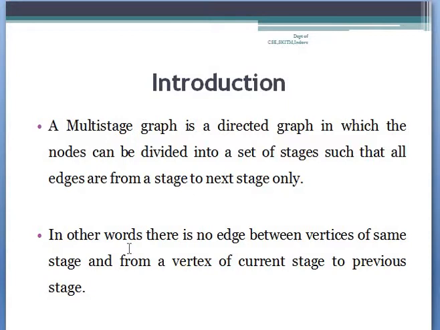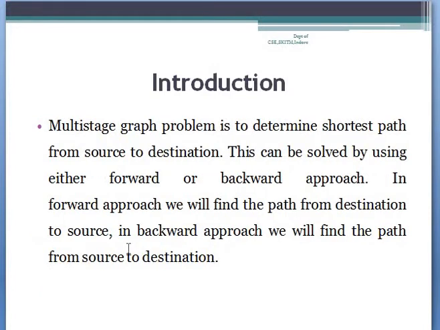So we are partitioning or dividing the graph into some k stages, where k is greater than or equal to 2. In simple words, there are no edges between the vertices of the same stage, and none from a vertex of the current stage to the previous stage.